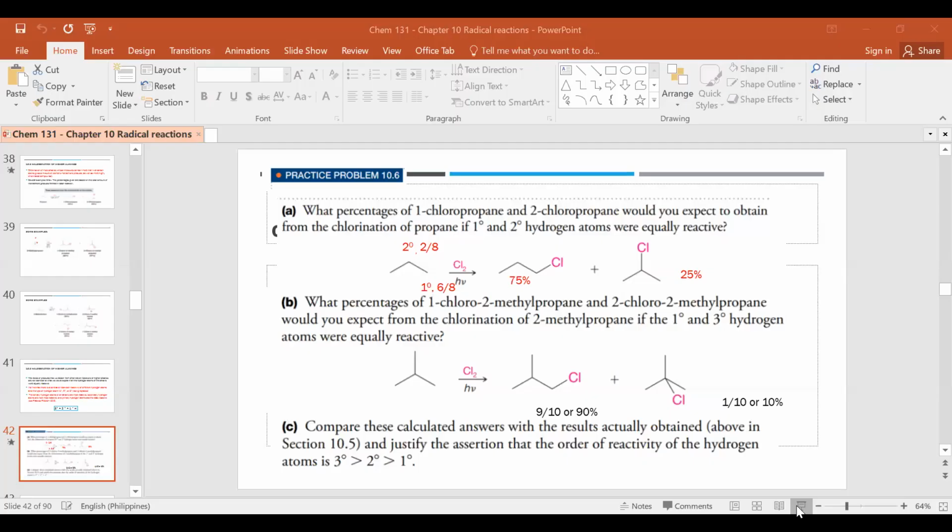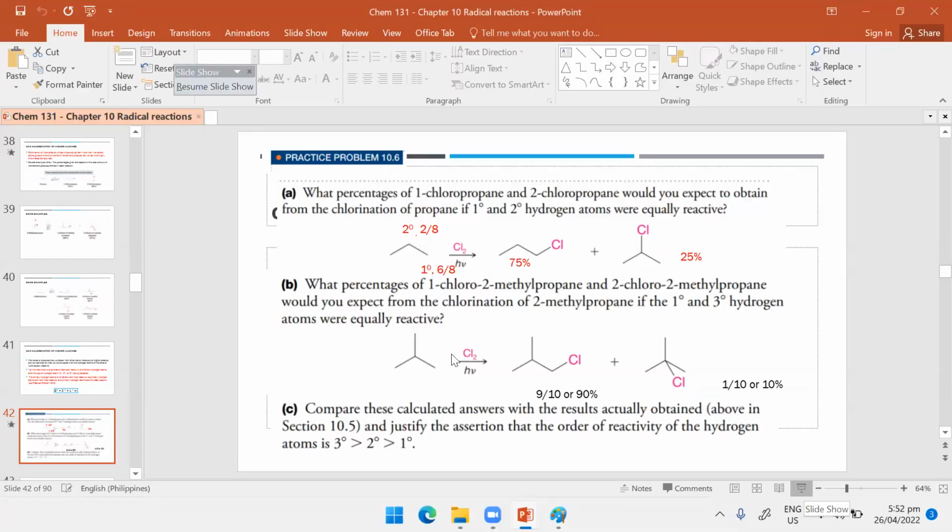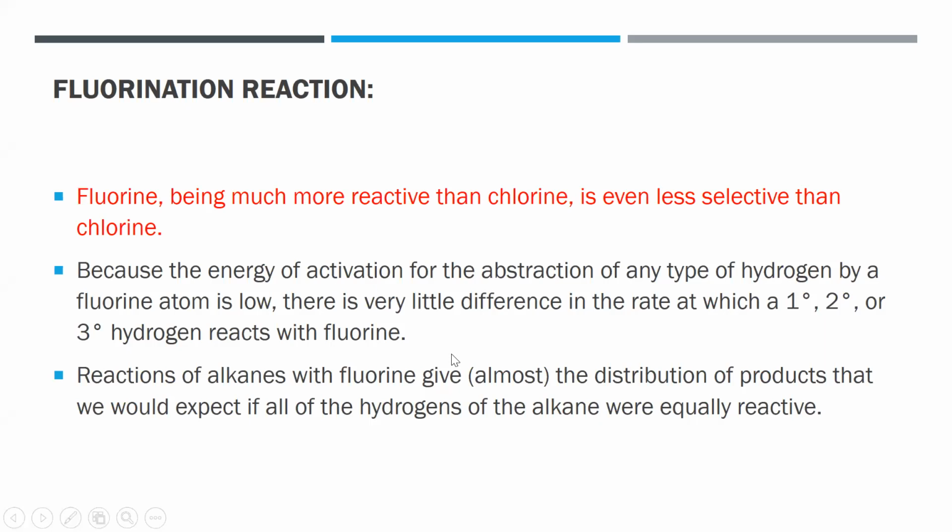Okay, so let's go back to the fluorination reaction. The energy of activation for the abstraction of any type of hydrogen by the fluorine atom is low. There is very little difference in the rate for 1 degree, 2 degree, or 3 degree. So it is not clear, for 1 degree or 2 degree, the energy required to abstract the hydrogen to form the radical. So fluorine is not selective.